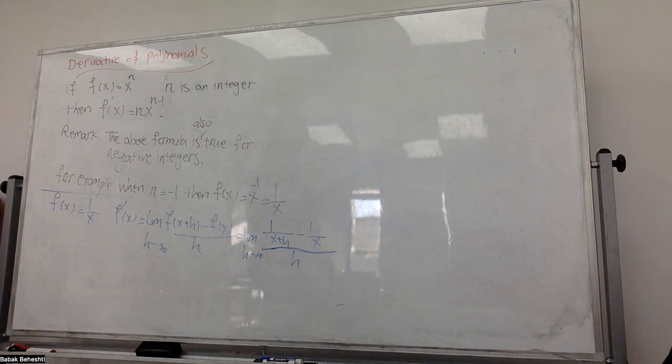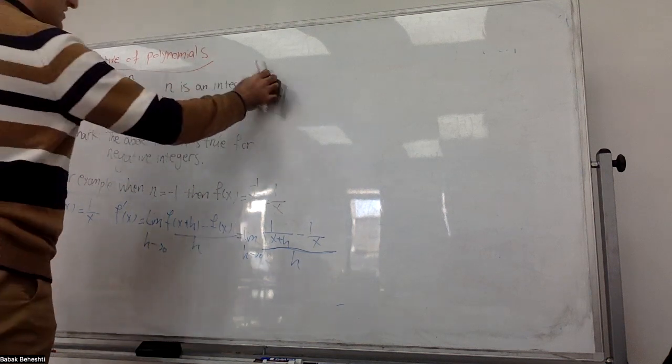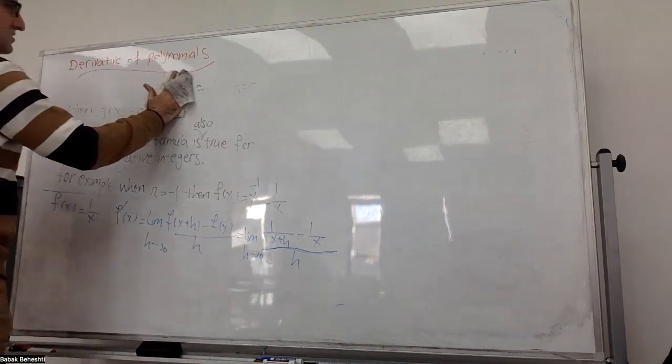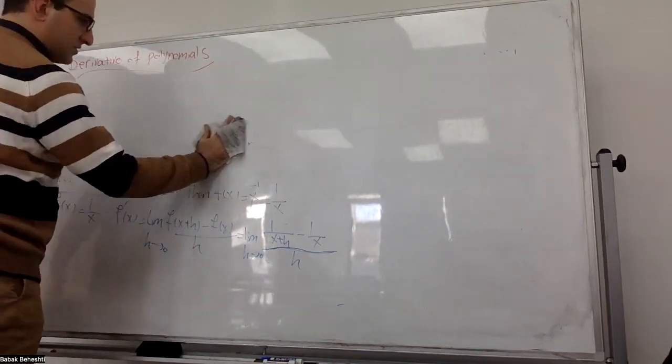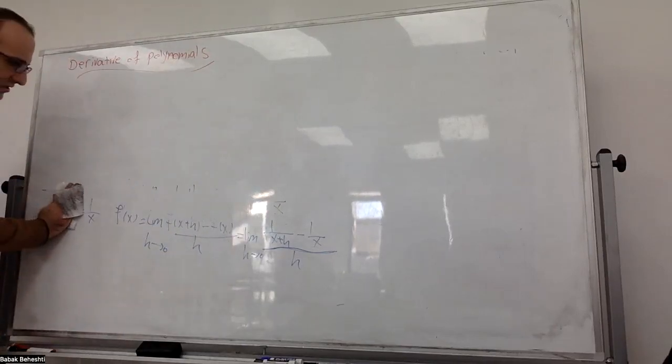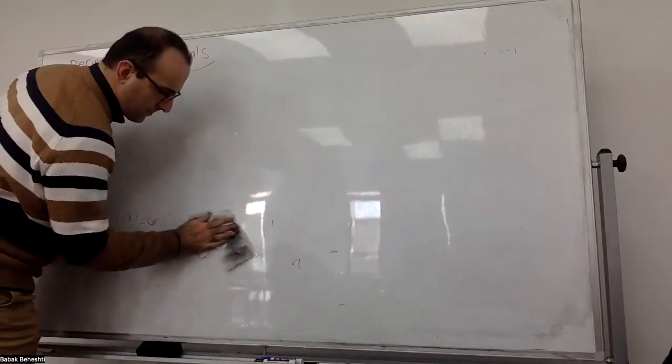Now, what is the derivative of the sum of the two functions, the difference of the two functions, the product of the two functions, or the quotient of the two functions? So here is the derivative of sum, subtraction, multiplication, and division.